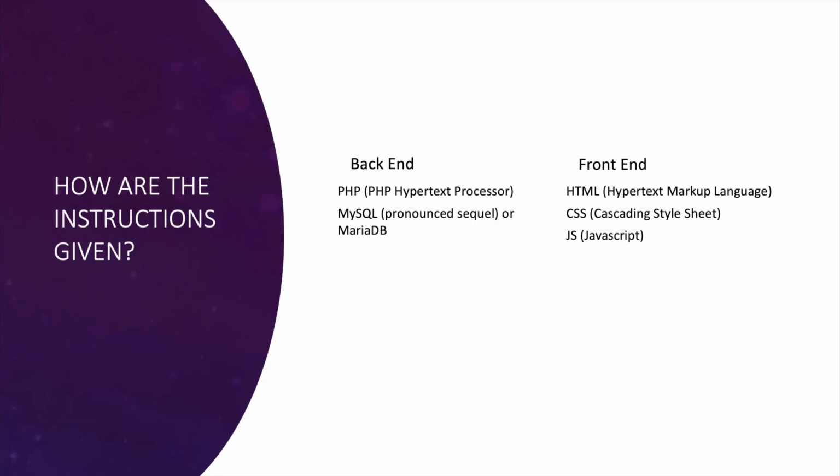That is where those files are processed and the information displays for you. You don't need to know any of these languages to build a website with WordPress. It is helpful, though, to understand what each of them is doing, especially because of the way that WordPress works now.